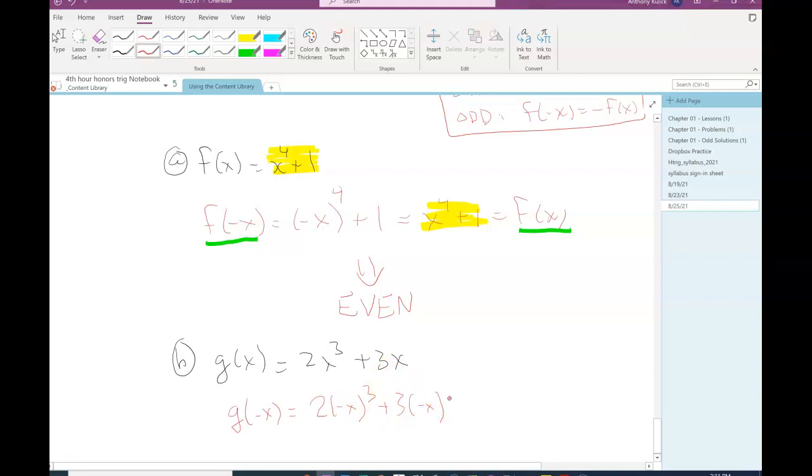If I have negative x to the third, a negative to the third power is negative. So I'll just have negative 2x cubed. And 3 times a negative is just still negative. Everybody's okay with that?